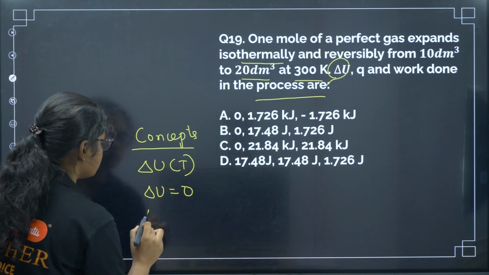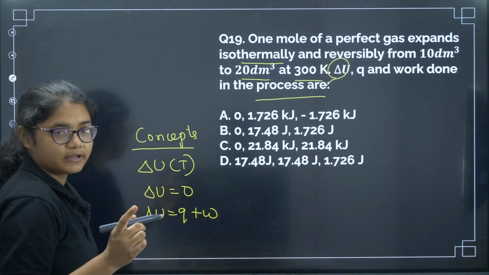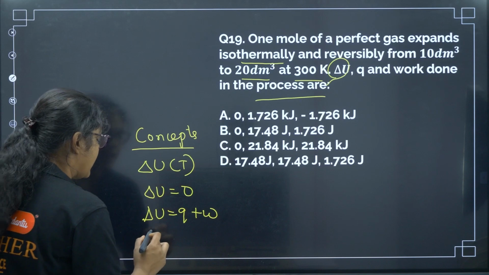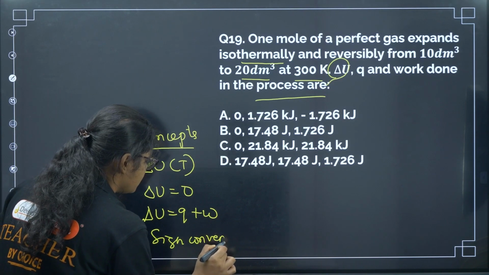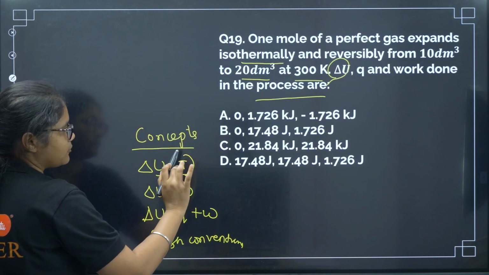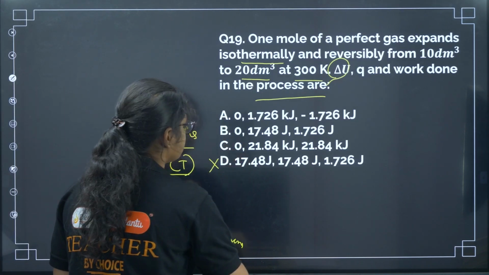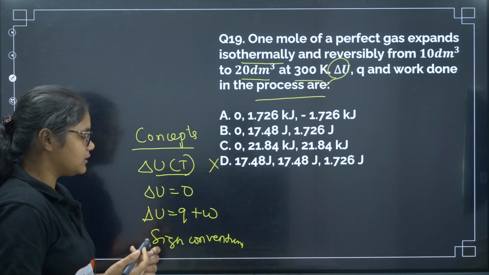The next formula you have to know is delta U is equal to Q plus W, that is the first law of thermodynamics. And we should be careful about the sign conventions. Now delta U is 0 for the isothermal process, so we can eliminate the last option. How to calculate the work done for an isothermal reversible process?